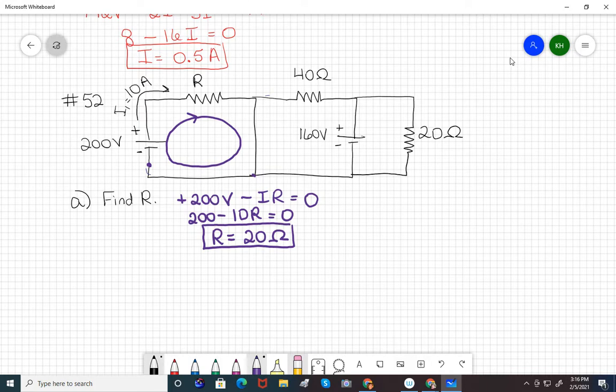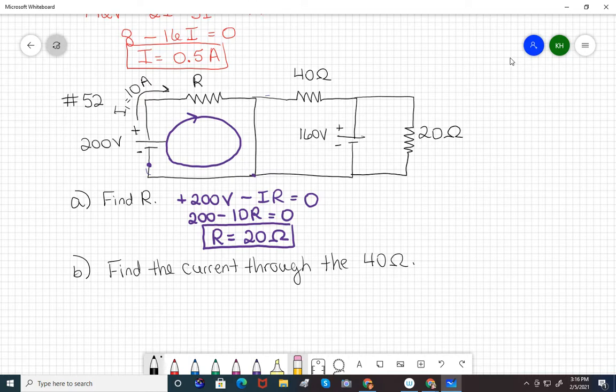All right, let's do the second question. The second question says, find the current through the 40 ohm resistor.